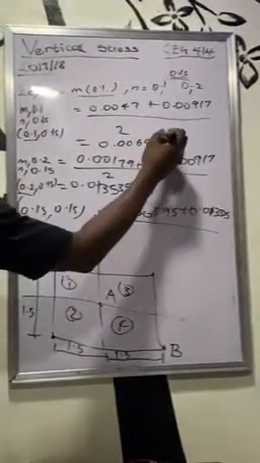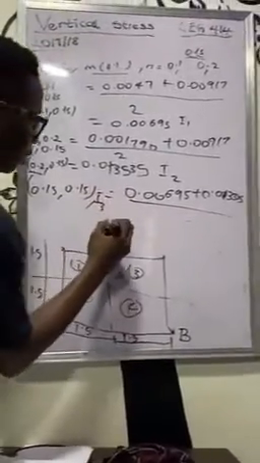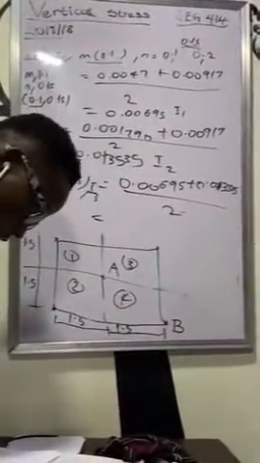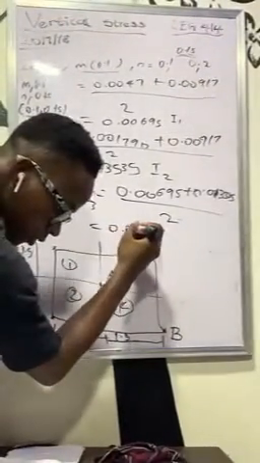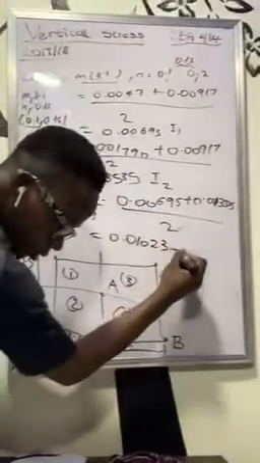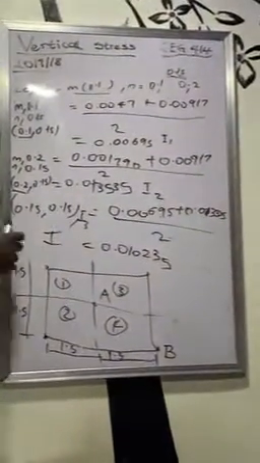Let's just say I1, I2, and this one will be I3, which is what we're looking for, divided by 2. By the time we do this, you should get something like 0.01023. These are our influence factor at 0.15, 0.15.